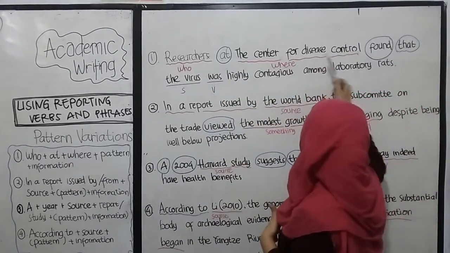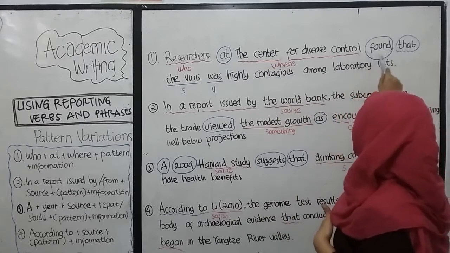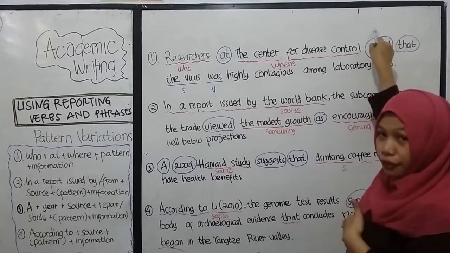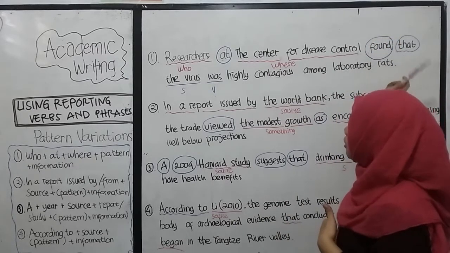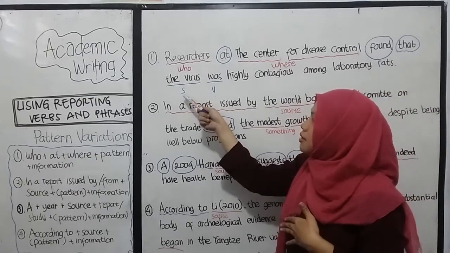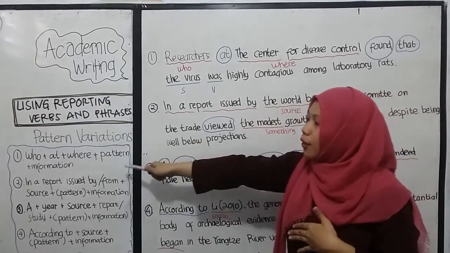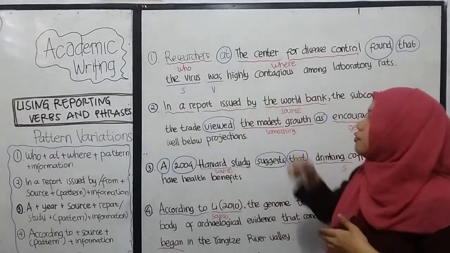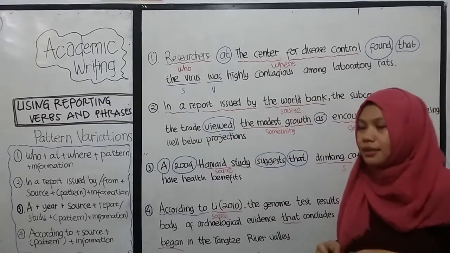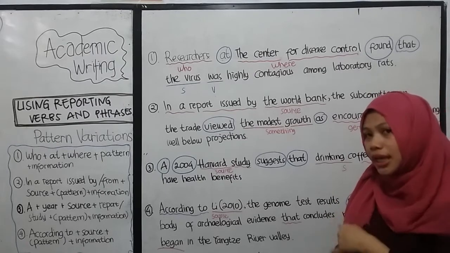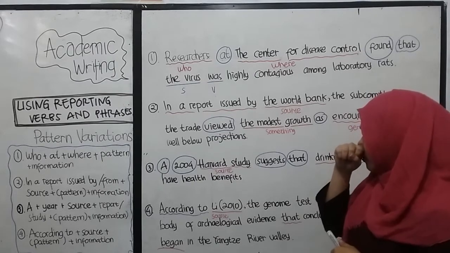Then we find found as the reporting verb, and also that, followed by a virus, a subject, and verb. So this is pattern variation number 1, for using pattern 1. Remember the formula in the previous video.